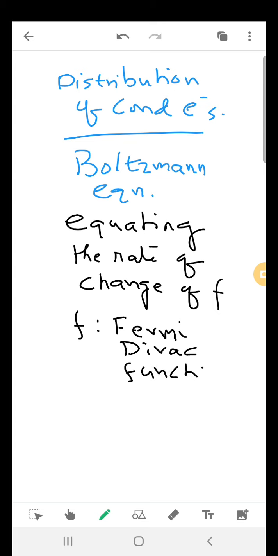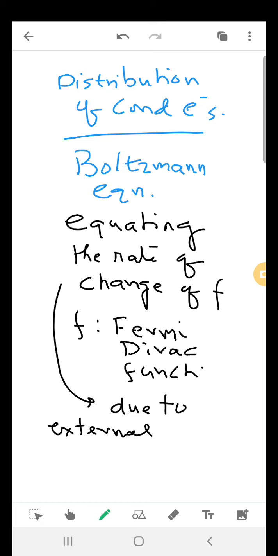and it equates this change due to external fields to the rate of change due to the collision mechanism.